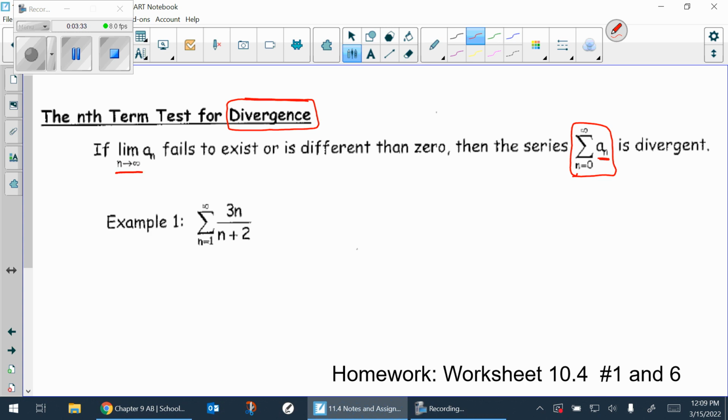If the limit as n approaches infinity of a sub n fails to exist or is anything other than 0, then the series is divergent.